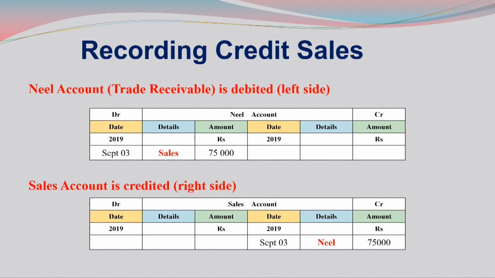Likewise, in the sales account, on the credit side, in the date column, we write 3rd September. In the details column, we write Neil, and in the amount column, we write 75,000 rupees.